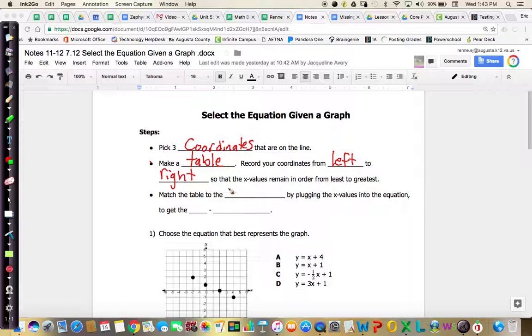Then we're going to match the table to the equation by plugging the x values into the equation to get the y values.